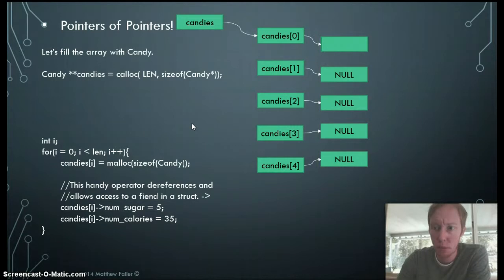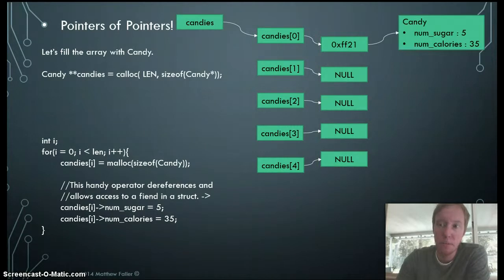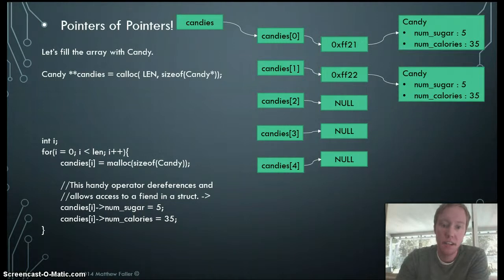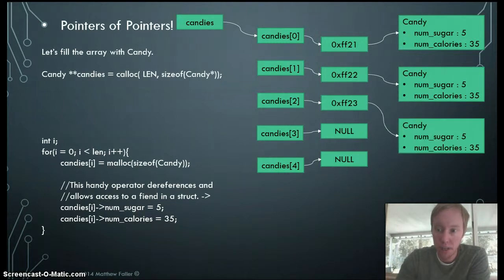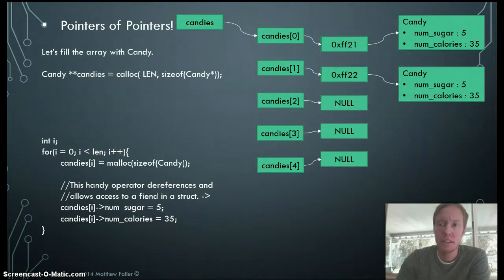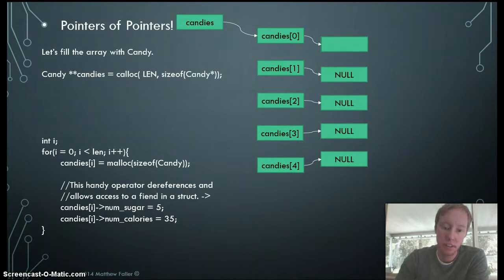So let's go through the for loop. The first time around it makes a new candy pointer and assigns values, and the second time around it does the same, and it'll keep going, allocating candy. You can see one of the advantages of having your structure like this as opposed to just saving enough space for 5 pieces of candy. A pointer is going to take up less space than a structure potentially.